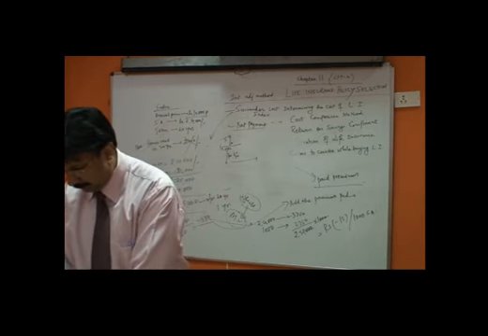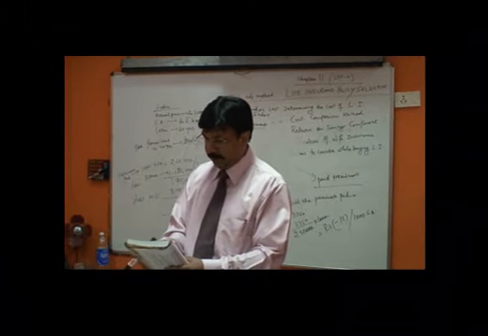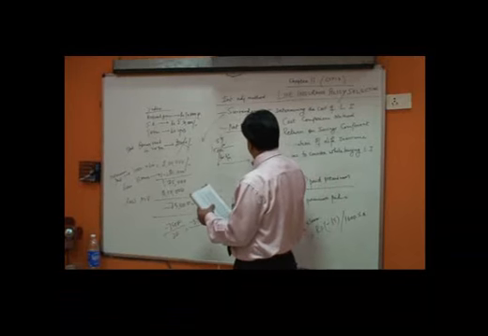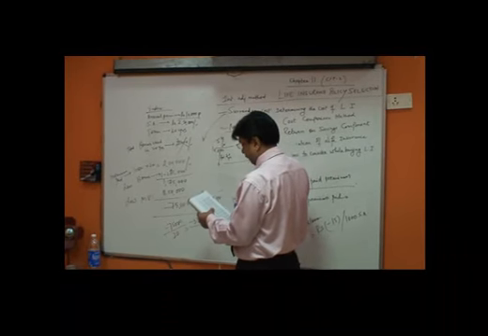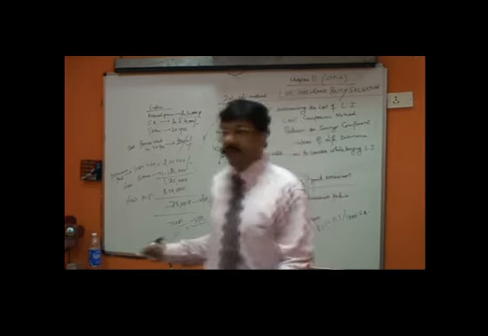So for 20 years, if 1 rupee is invested every year for 20 years at the rate of 5%, then the accumulated value S_n would be 33.066. So this is the multiplicative factor.